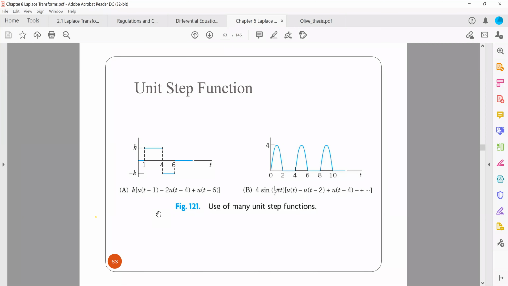Because I could even have this thing multiplied by 3 and gone down to minus 2k. It depends on what system you're designing and what you want to achieve. So in order to get this look, they had to do this. In order to get this sine wave, they had to do this. Because you have to remember that if you want to cut off this signal, you have to subtract a step function from another step.